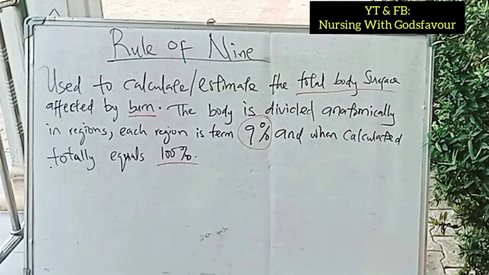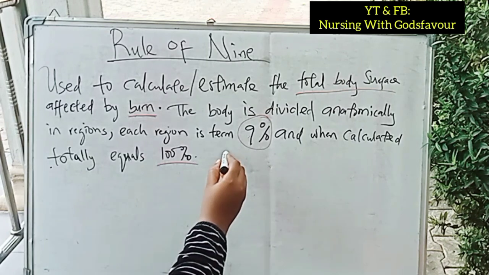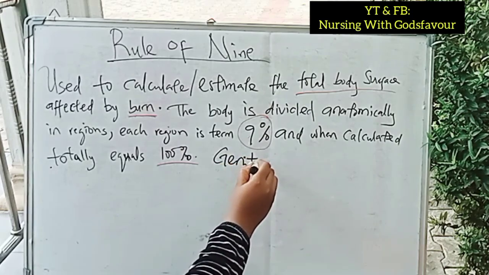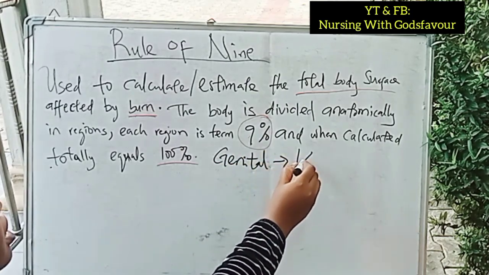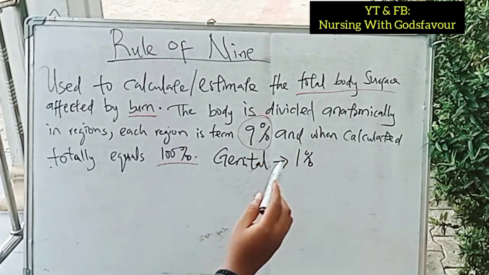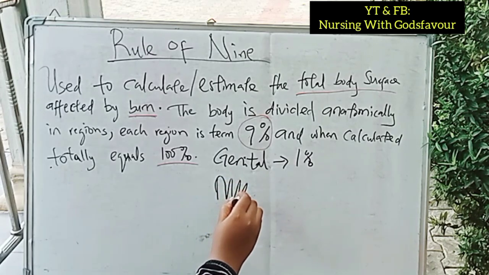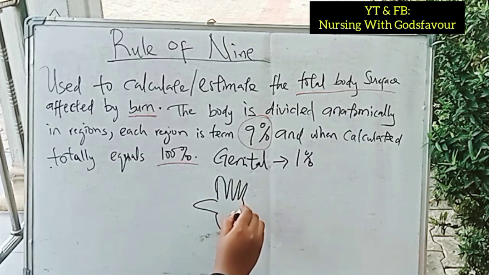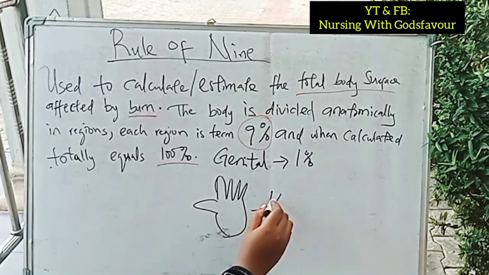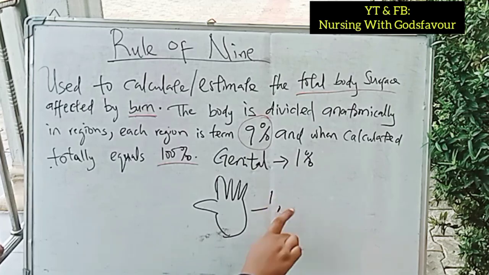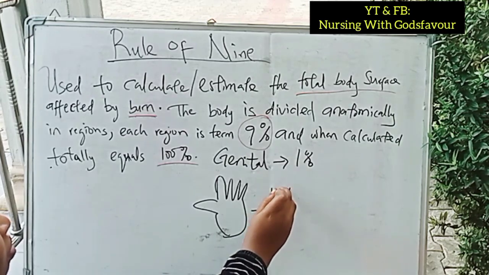Apart from that, some parts of the body have their own unique percentage because their surface is small. For example, the genitals are termed 1%, and the palm with the fingers, when spread out, is also 1%.